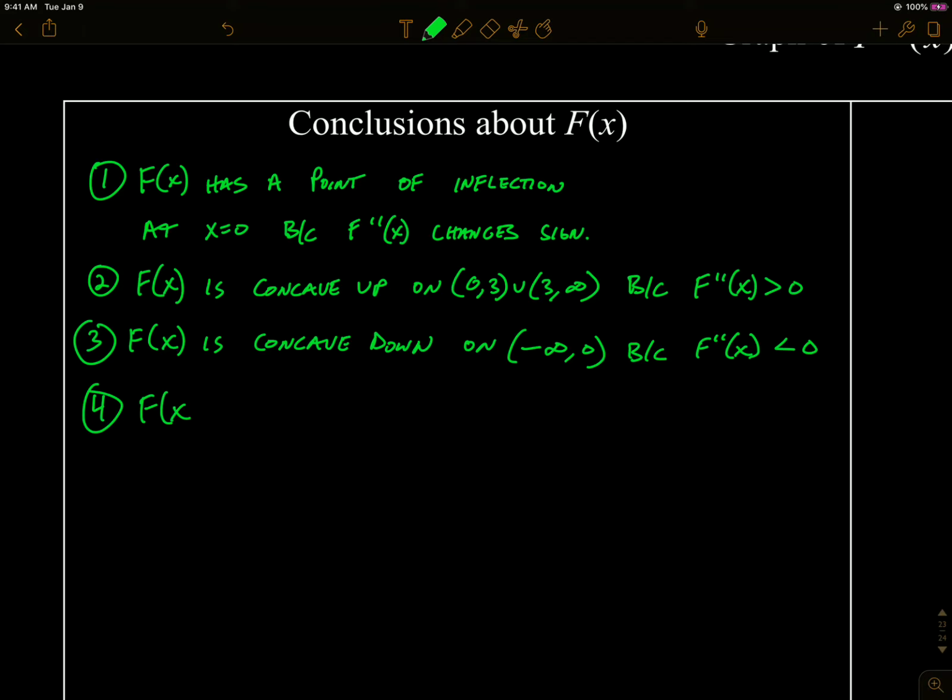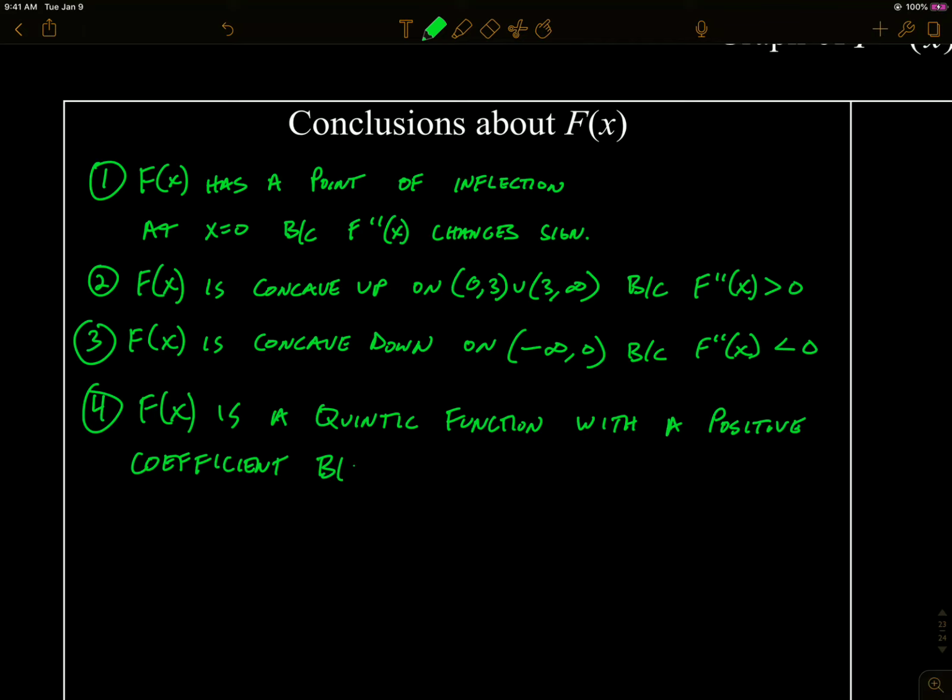We know, oh, I forgot, f of x is a quintic, degree 5, with a positive coefficient because f double prime is a cubic function with a positive coefficient.